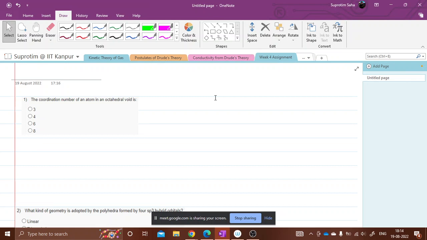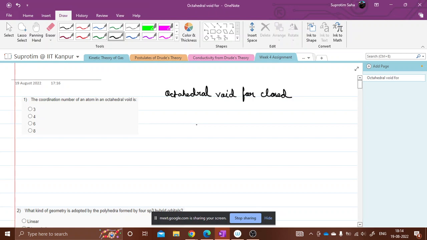They've asked about the coordination number of an atom in an octahedral void. To do this, let us first draw an octahedra. First things first, the first octahedral void is for a close packed structure.